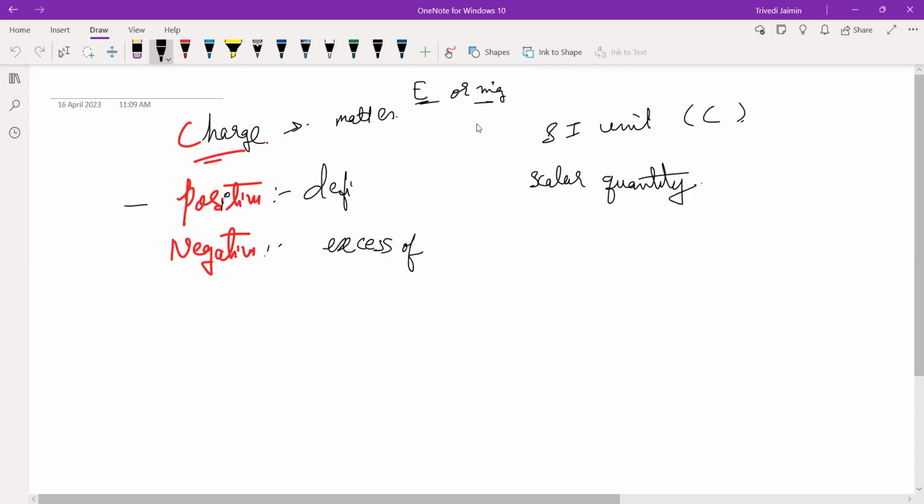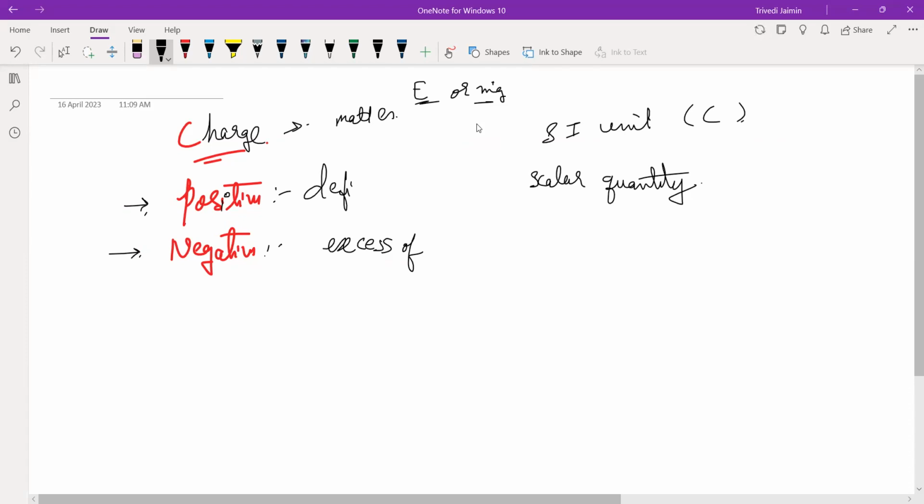It has two types: positive and negative. When matter has a deficiency of electrons, it gains positive charge. When matter has an excess of electrons, it gains negative charge.